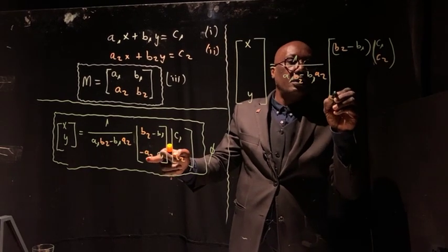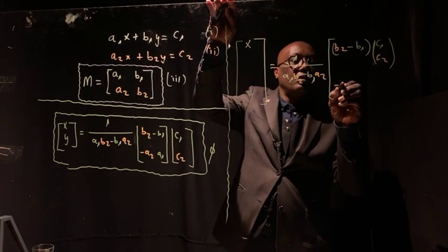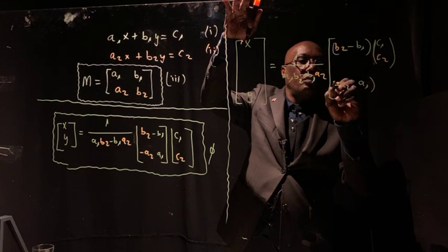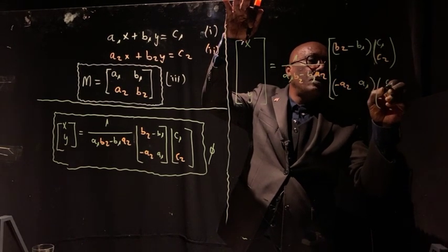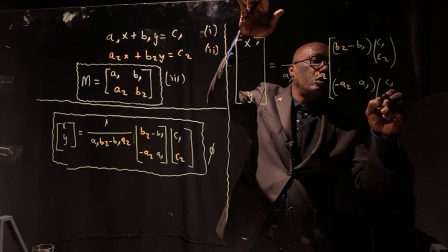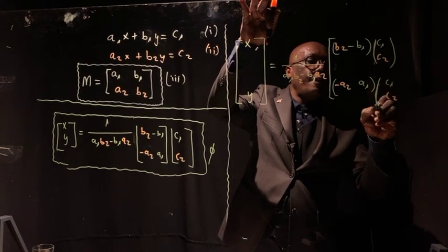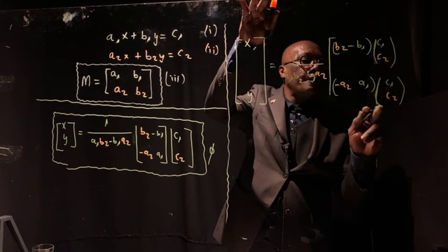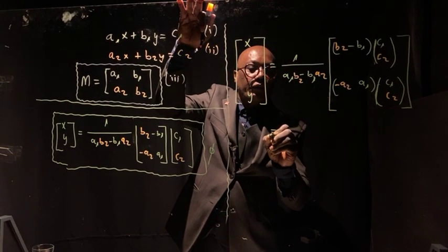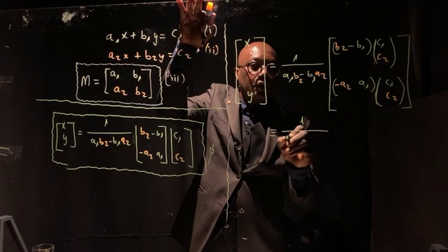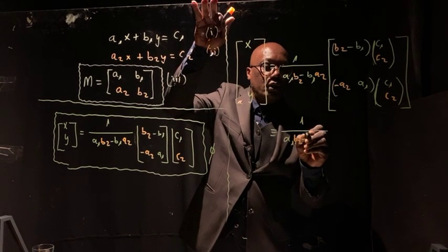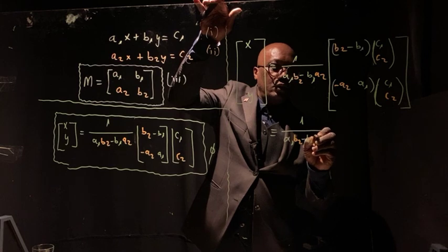And the next one is minus a2, a1, c1, c2, which is not different from 1 over a1 b2 minus b1 a2.